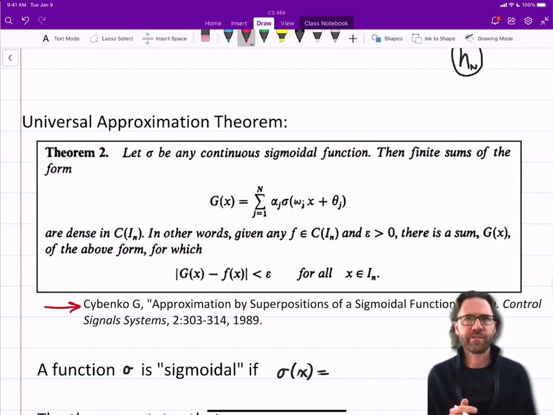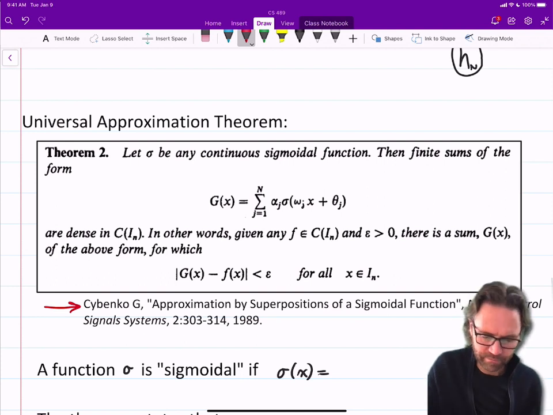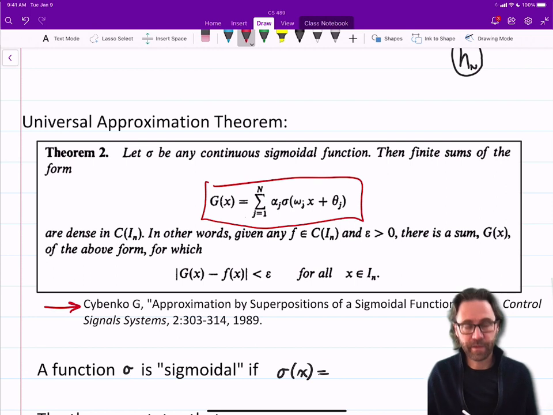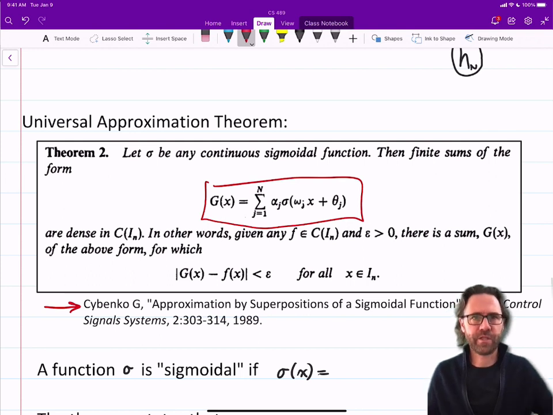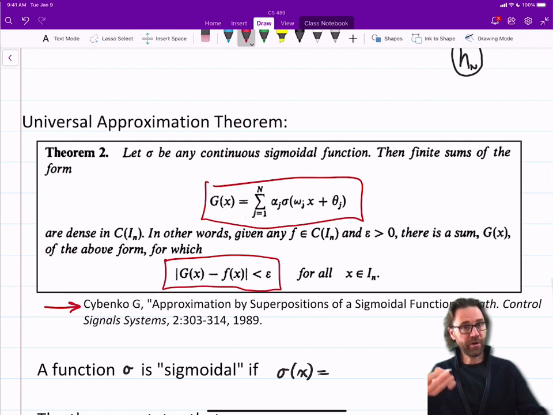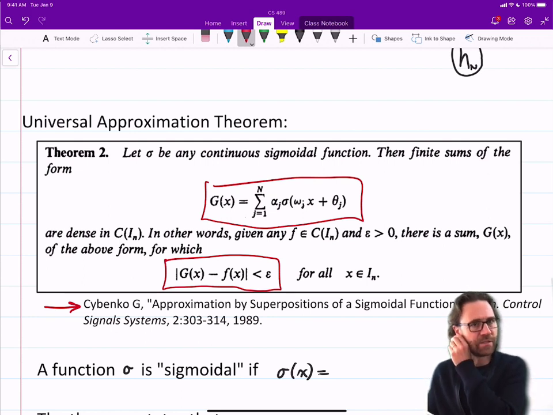Then finite sums of the form g of x equals this, that's basically the sort of thing I just wrote down, are dense in the set of continuous functions on the interval I. In other words, given any f, a continuous function over the interval I, and any epsilon that's bigger than 0, there is a sum g of x of the above form such that g of x is within epsilon of our target f of x for all x's in that interval.